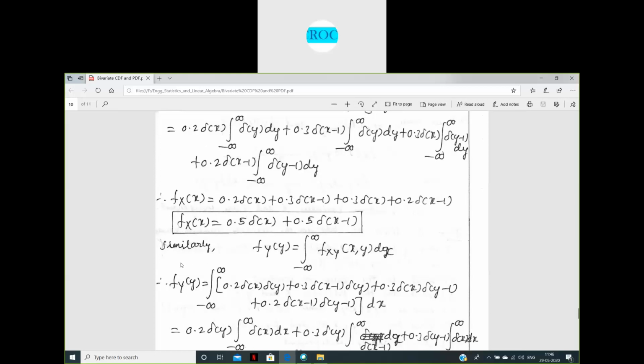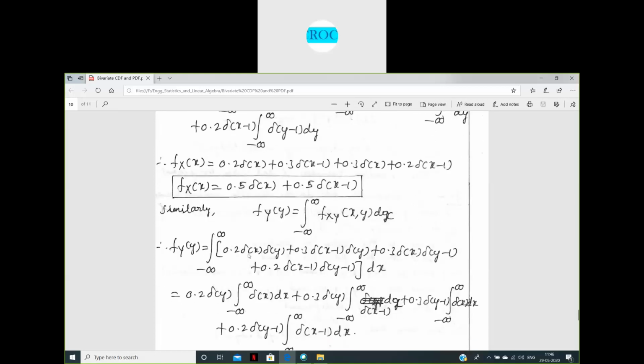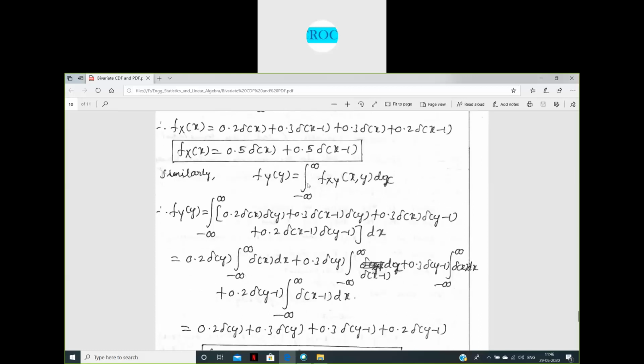Similarly, how do you calculate the PDF for the random variable y? It is given by this formula: the integration from minus infinity to infinity of fXY(x, y) dx. Why is it dx? Because it is fY(y). Substitute the bivariate PDF in this equation. Now in the integration, we keep only the dx term. The rest of the terms we take outside the integration.